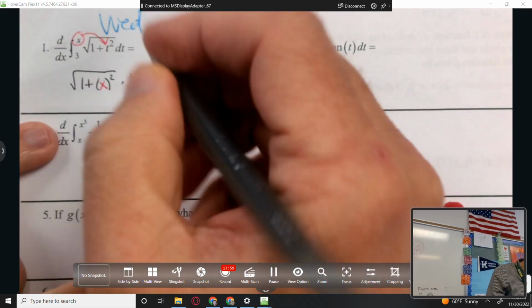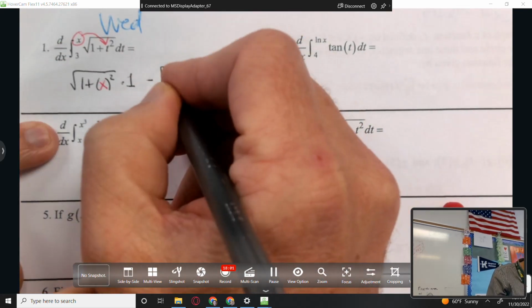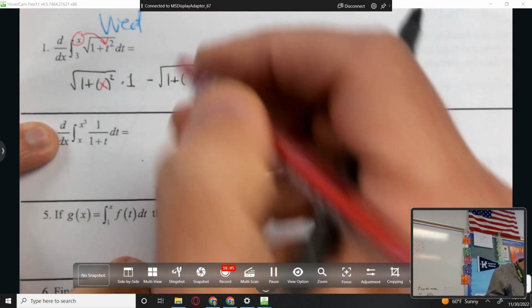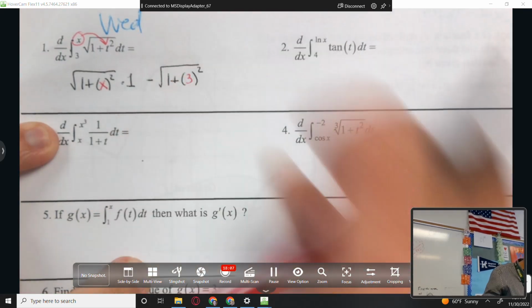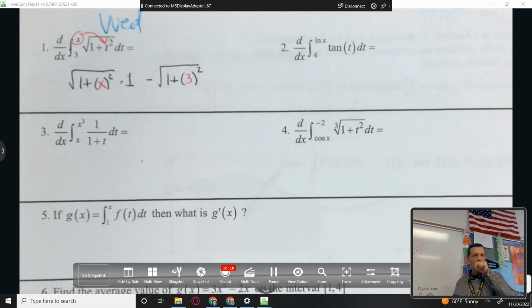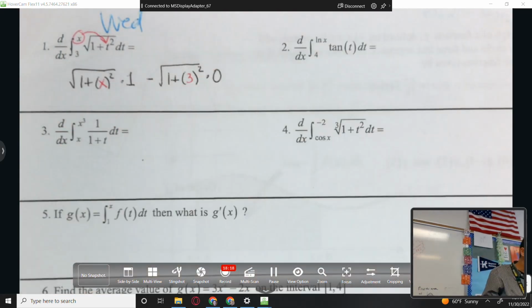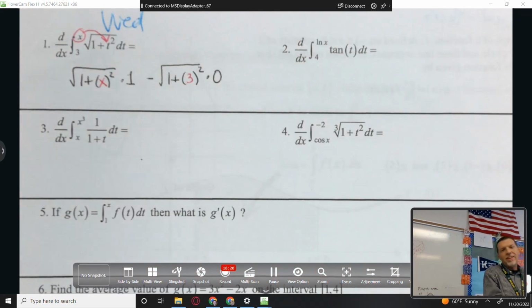Minus, plug in the bottom. Now some of you are going to skip this step sometimes. Why are you going to skip this step? Because it's a constant, which means the chain rule gives me 0. So you can leave that there. That sort of emphasized you knew exactly what you were doing.